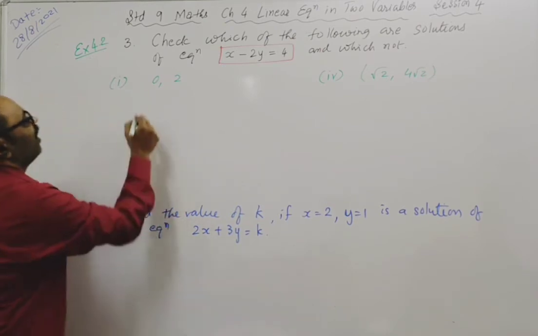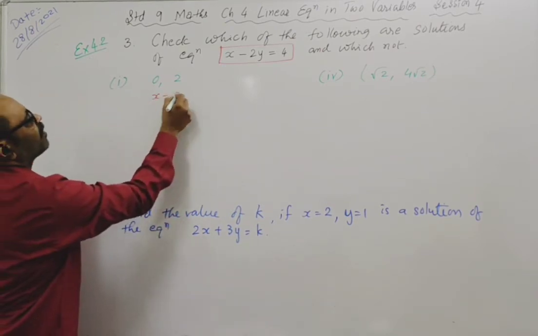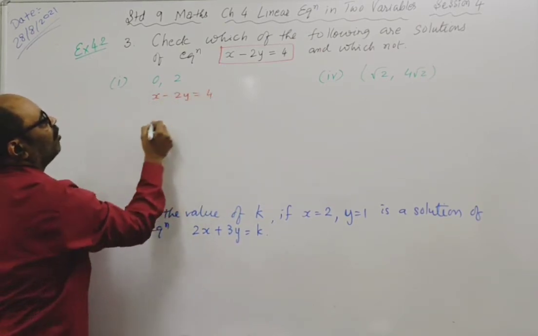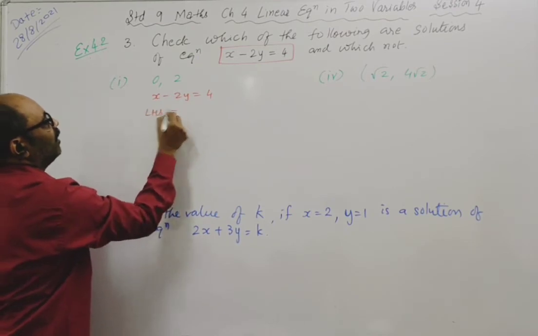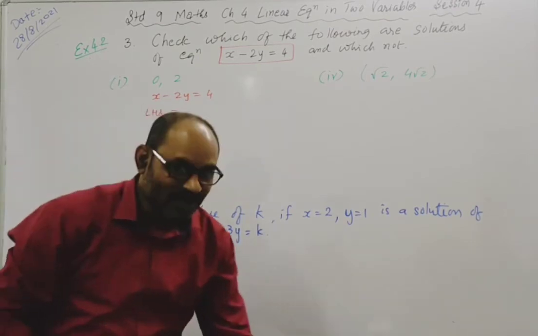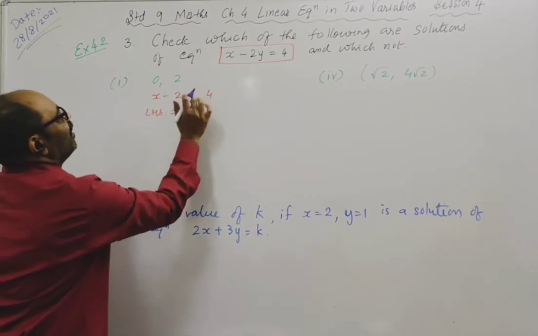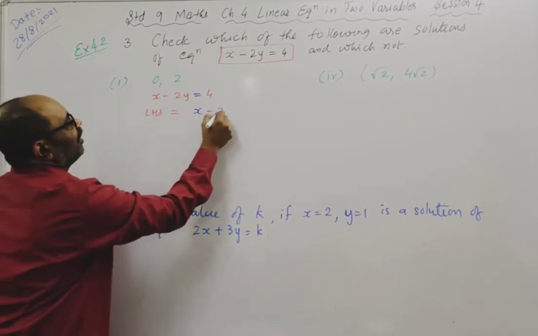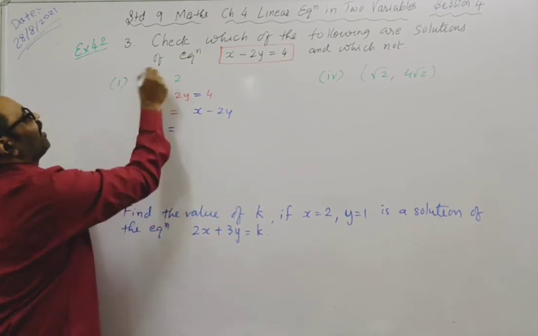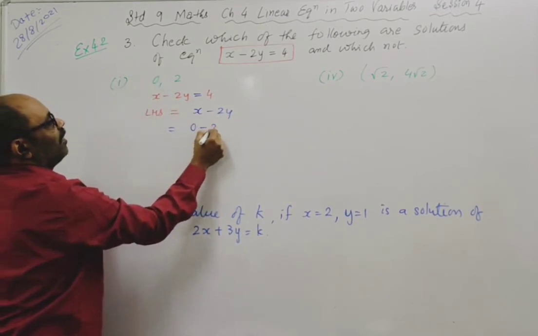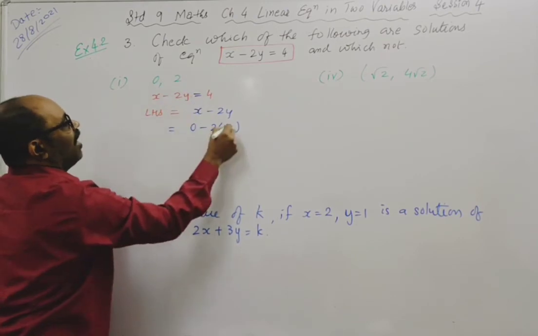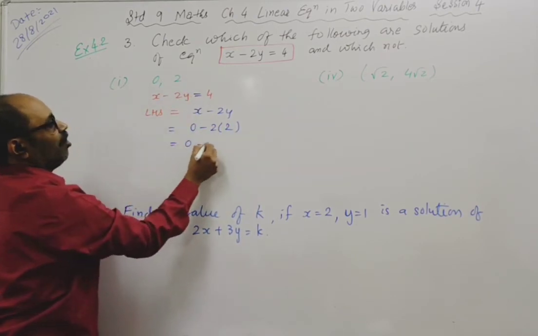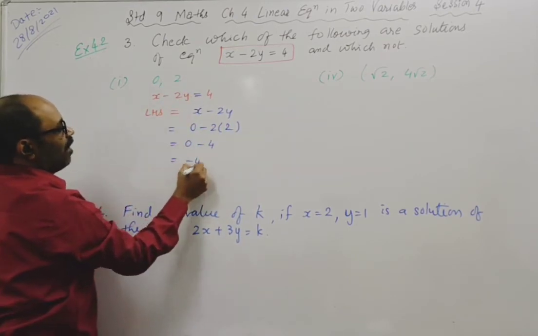वो चेक करना है. तो हमारा इक्वेशन क्या है? x minus 2y is equal to 4. Let's take left hand side. यहाँ इक्वल टू है कि नहीं? उसका लेफ्ट हैंड साइड ले लो. क्या है लेफ्ट हैंड साइड? x क्या है? माइनस 2 इंटू वाई क्या है? 2. So that is 0 minus 4 and that is minus 4.